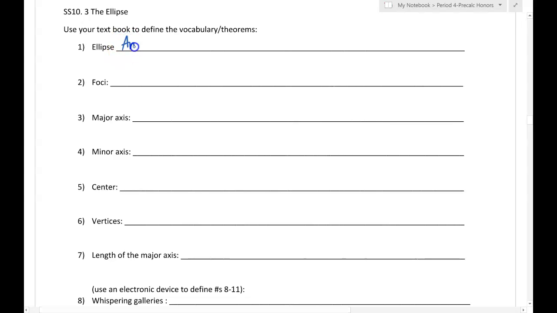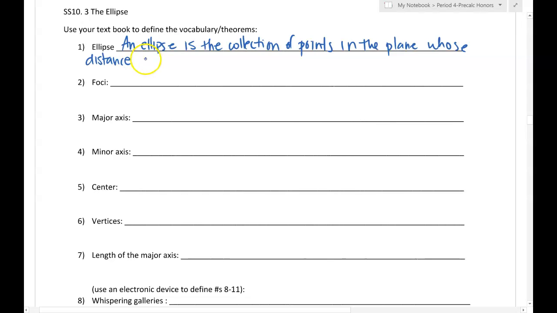An ellipse is the collection of points in the plane whose distance from 2 fixed points, these 2 fixed points are also known as the foci, add up to a constant number. Okay.